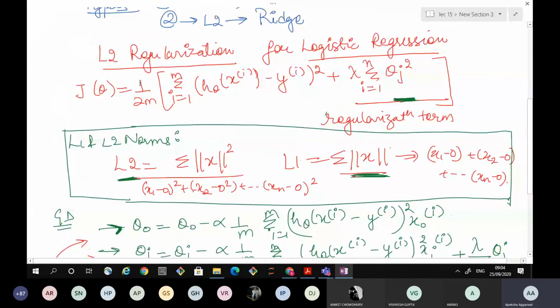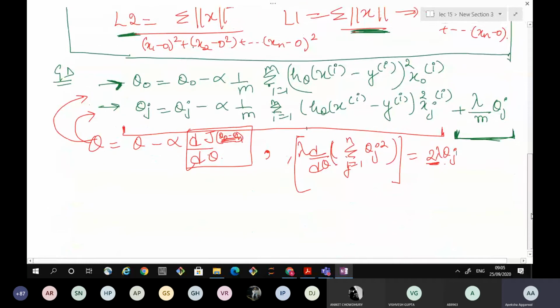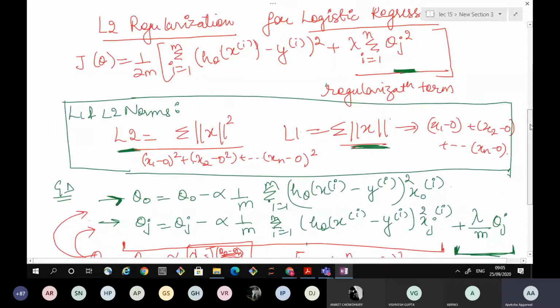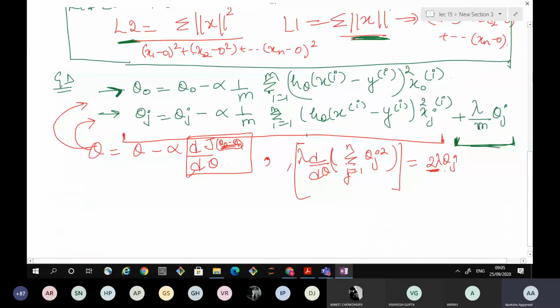Because we have been dividing by 1 by 2m outside. If I multiply this whole term with 1 by 2m, it is converted to lambda by m theta j. This lambda is called the regularization parameter. I hope you are not getting confused with this part.